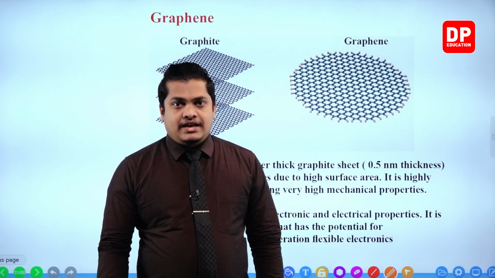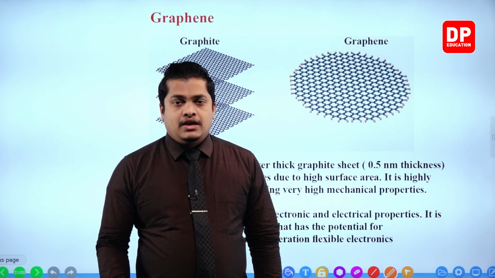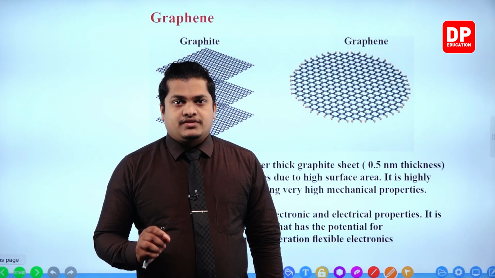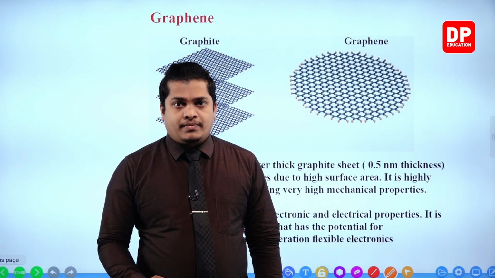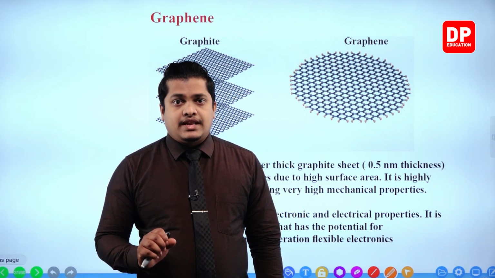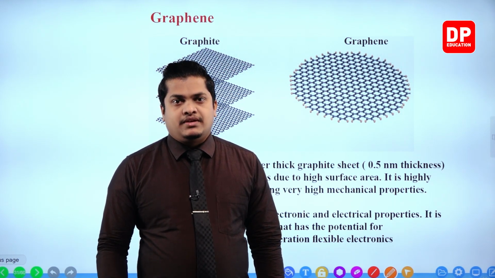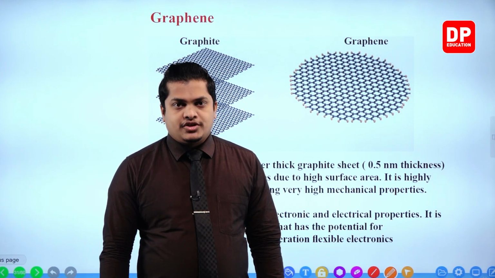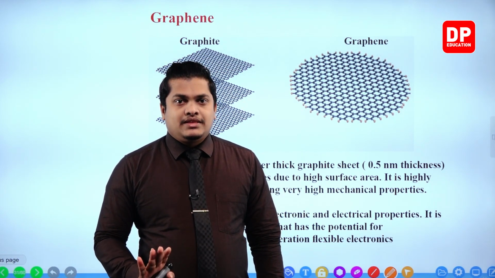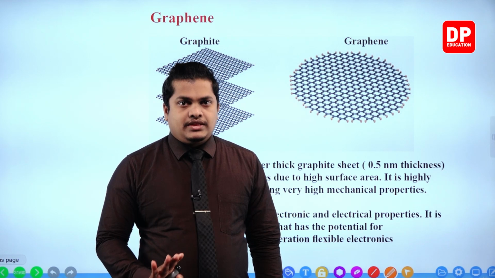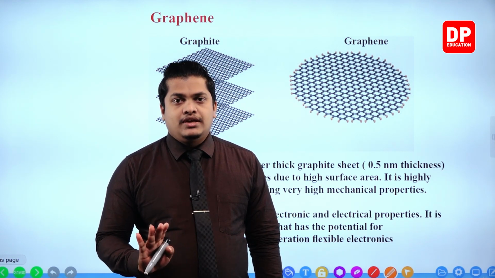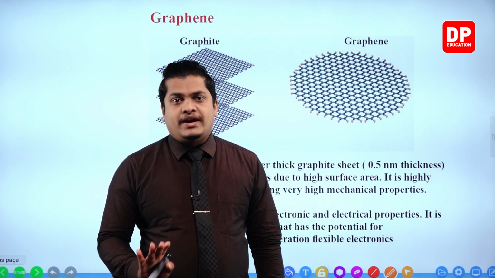These graphene layers are highly flexible while showing different kinds of special mechanical properties, and the strength of this layer is very high also. However, it is very flexible and lightweight. So these are the things that we have learned within this lesson related to nanoparticles and nanomaterials.